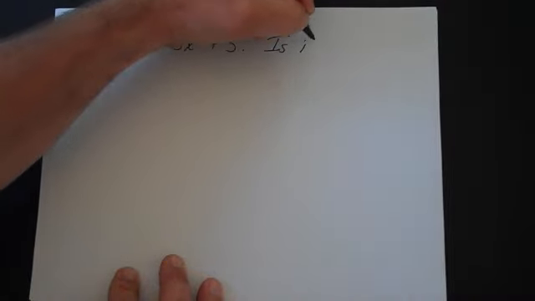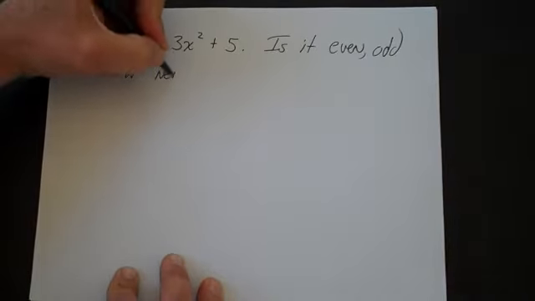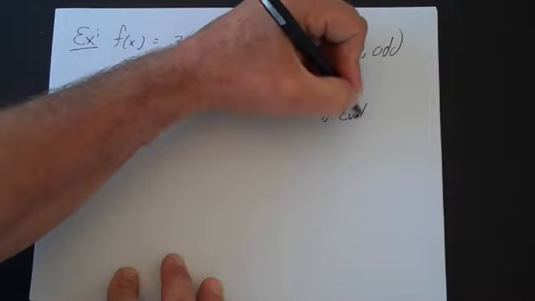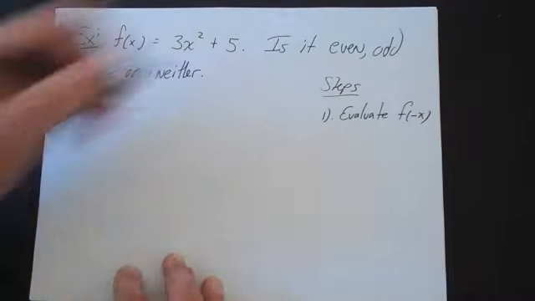So let's say we have f of x is equal to 3x squared plus, let's do 5. And the question is, is it even, odd, or neither? And here are the steps. Number 1, evaluate f of minus x.